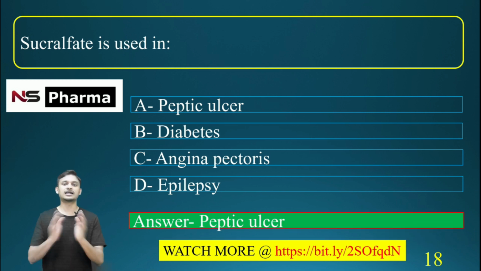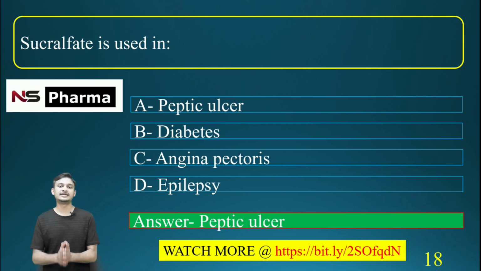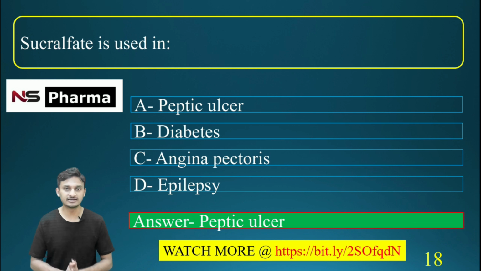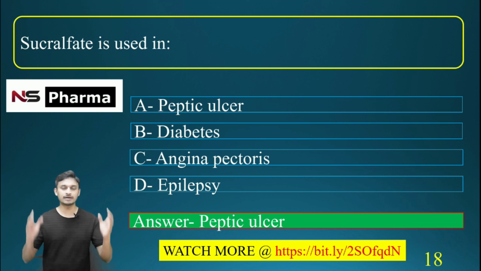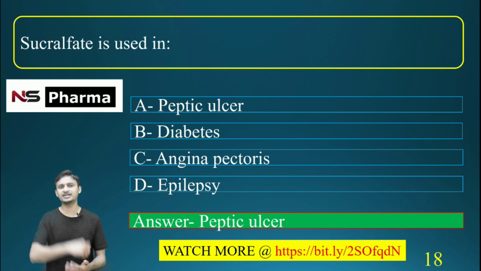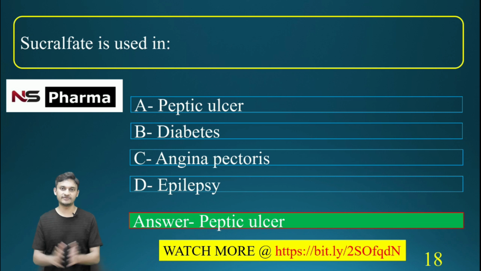The question came from the classification of drugs against peptic ulcer. That's why I told you to study all the classifications coming under pharmacology. Definitely you will get the benefit in competitive exams. Sucralfate comes under the class of ulcer protectives.